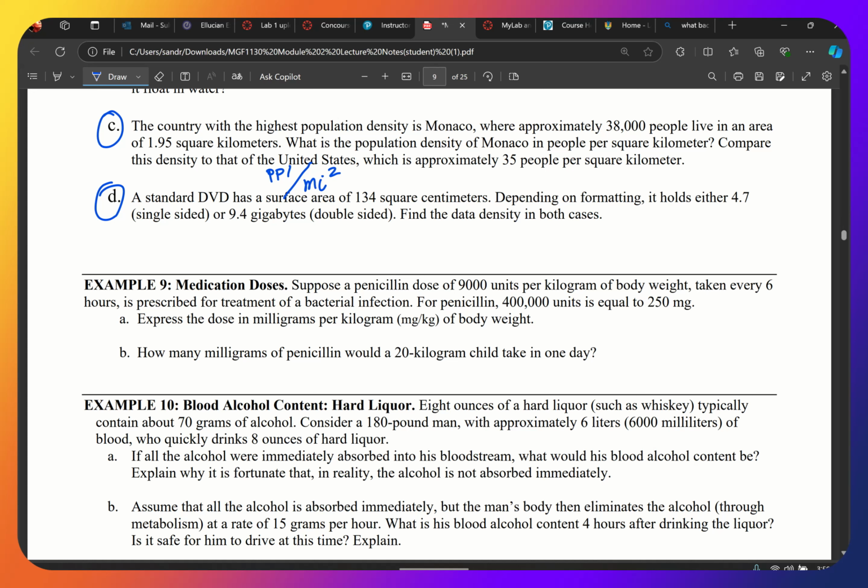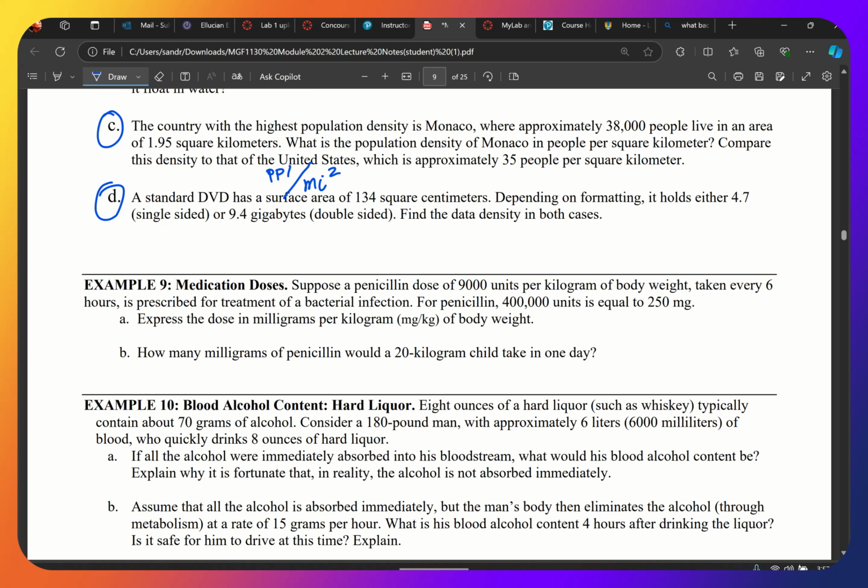I chose to do this problem probably a little bit more complicated. I have 9,000 units per kilogram. So, how many milligrams are in 1 unit, or how many units is 1 milligram? Then I can figure out the 9,000 units part. And that's exactly what I did.